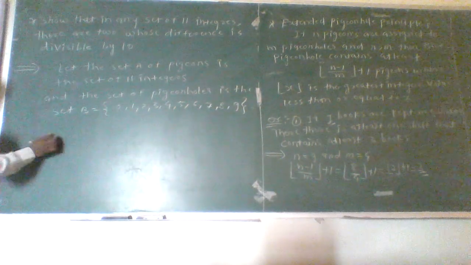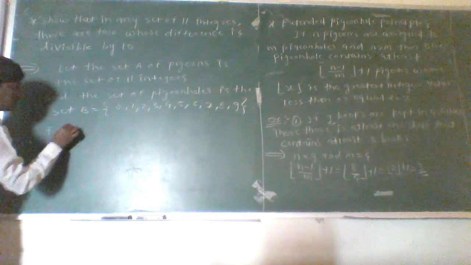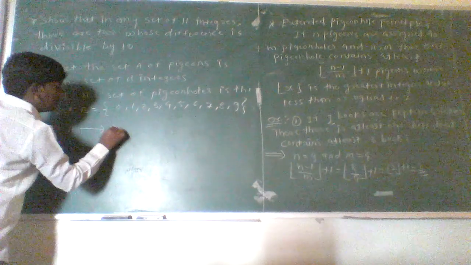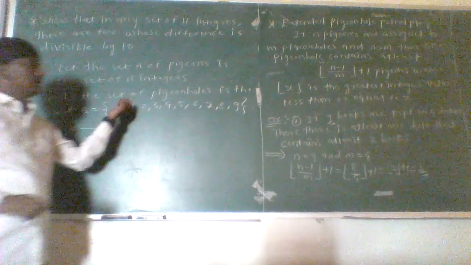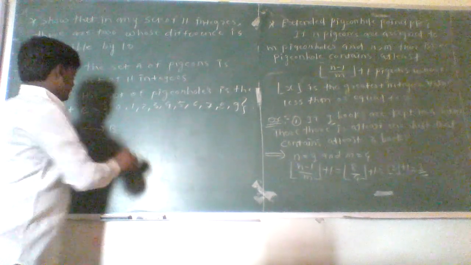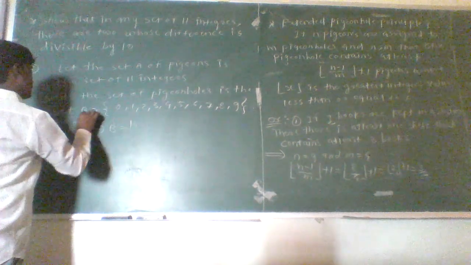Now here we have to define a mapping from set A to set B, where the cardinality of set A is 11 and the cardinality of set B is 10. That is, B contains 10 elements and A contains 11 elements.